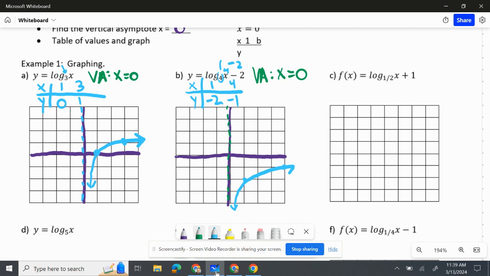So for the next one, once again, same steps. What we have is our vertical asymptote. And because there's no parentheses, it's always going to be the same. So x is equal to 0. Then what we have is our table of values. Once again, the first one that we want is 1 because the log of 1 is always 0, and that gives us 0 plus 1, which is 1. Then we're going to plug in a half because when the bases are the same, it gives us a 1. 1 plus 1 is 2.